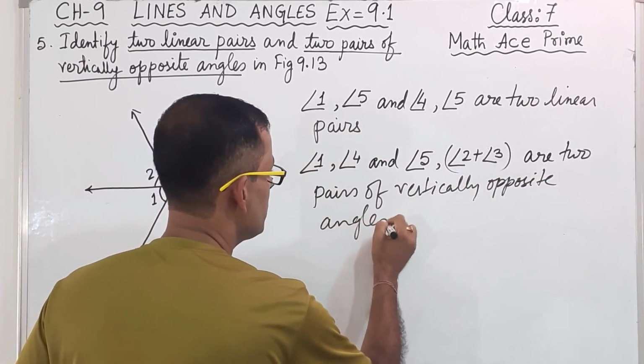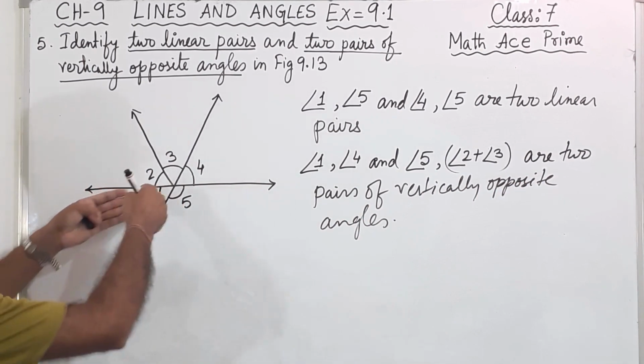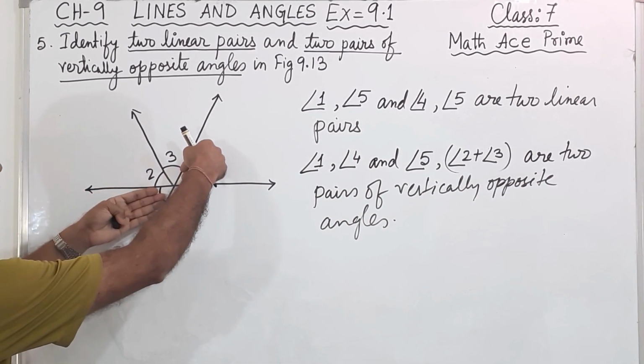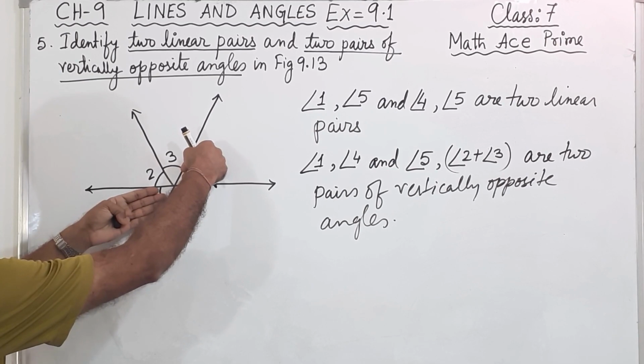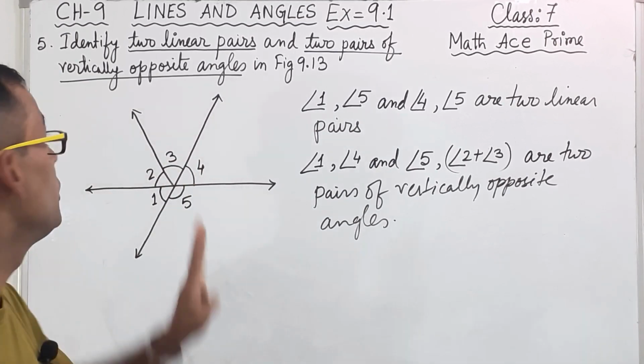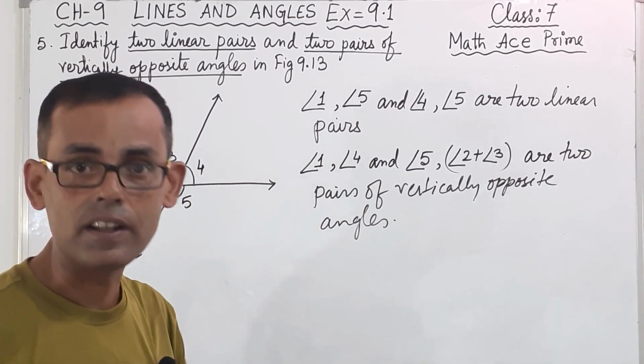Clear? So see nicely, angle 1 and 4 is vertically opposite. Now remaining is what? 2 and 3 together is vertically opposite to angle 5. I hope question number 5 you have understood.